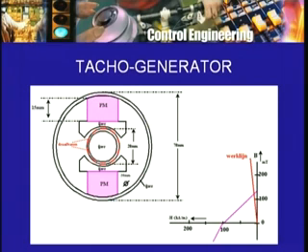It's essentially a small generator mounted on the shaft of the motor, whose DC voltage will be proportional to the speed, and therefore it gives you a simple means of measuring the speed of the motor or the drive.